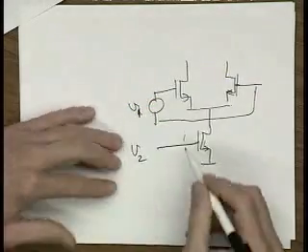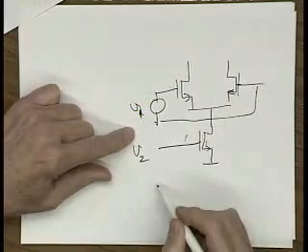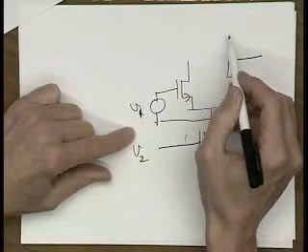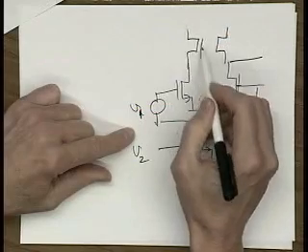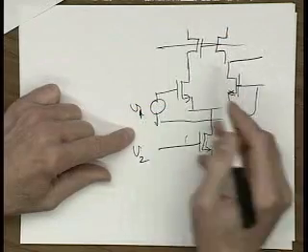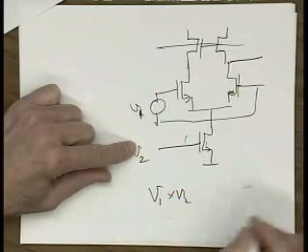Here's V1. And you work this out, it turns out that the signal you get at the output here is sort of the product of V1 times V2.